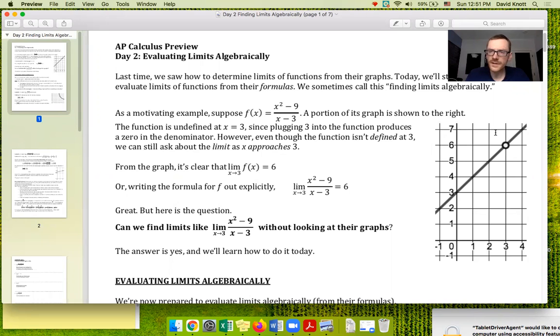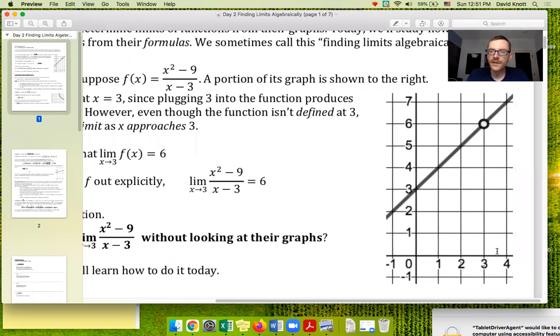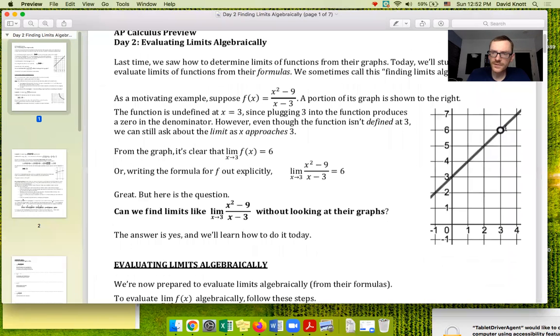I've drawn a portion of the graph of this function over here to the right. And as you can see from the graph, there's actually a hole at x equals 3. You can see the hole right here. And suppose that I asked you, what is the limit as x approaches 3 of this function?